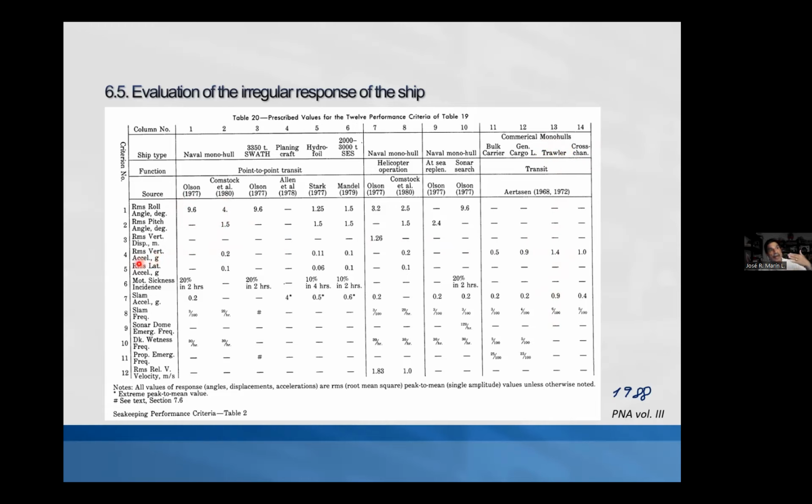Usually the largest vertical acceleration is developed when you receive waves from the forward end. In that case, the pitch usually increases a very large amount. And remember that you have to combine heave and pitch in order to calculate the vertical motion of any point along the length of the ship.